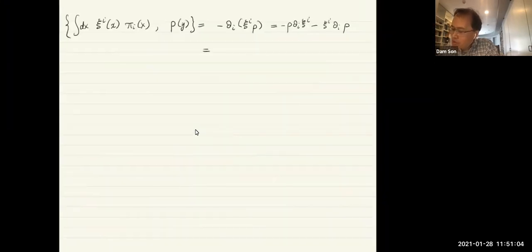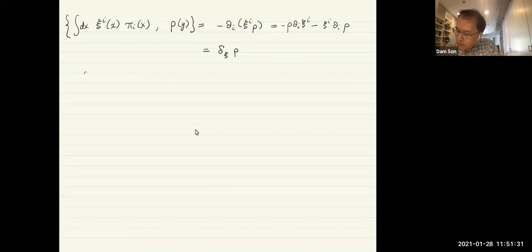What we find is just equal to the shift of a scalar density under infinitesimal coordinate transformation with parameter xi. Very pretty, curious, isn't it? We have that fact.